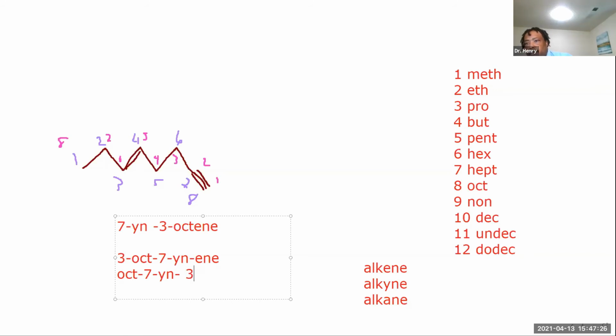And you'll also see it written this way. This is the more common way. I like that way. It's a lot cleaner, right? And it makes sense because then you know that 3 goes with the ene. But the third option, putting the number within the text, makes the answer look wrong, but in reality, it's not.